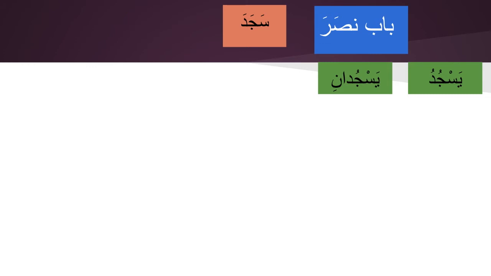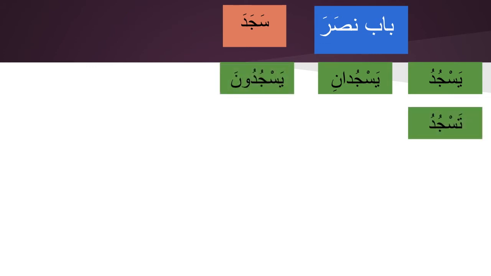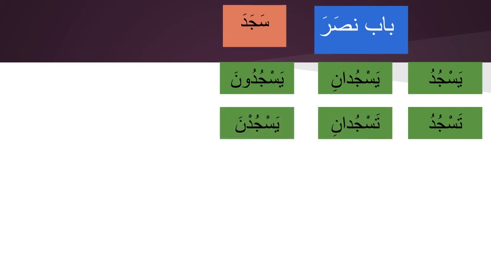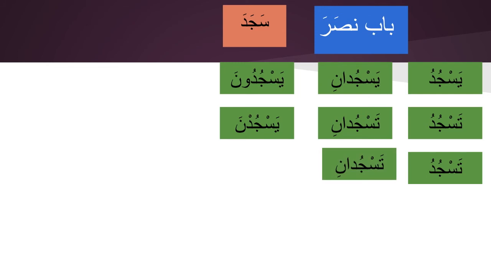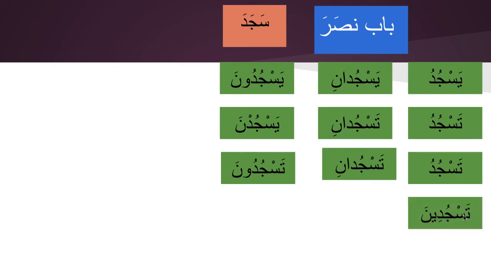So if we do one more verb, sajada. Sajada is again bab nasara. So nasara yansuru, sajada yasjudu. Yasjudu, yasjudani, yasjuduna, tasjudu, hiya tasjudu, tasjudani, hunna yasjudna, anta tasjudu male, antuma tasjudani, antum tasjuduna, anti tasjudina.